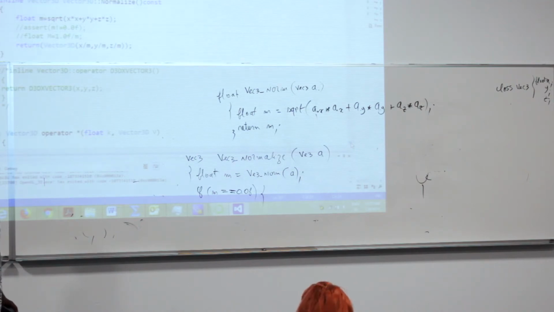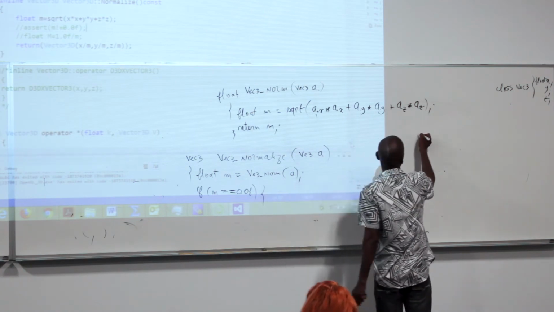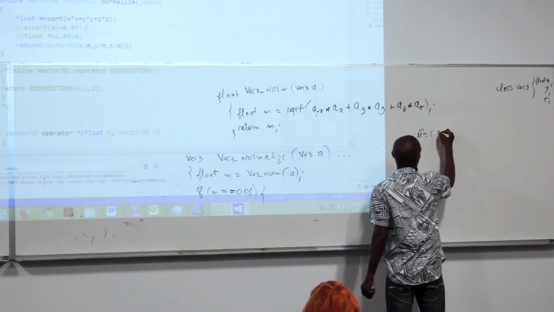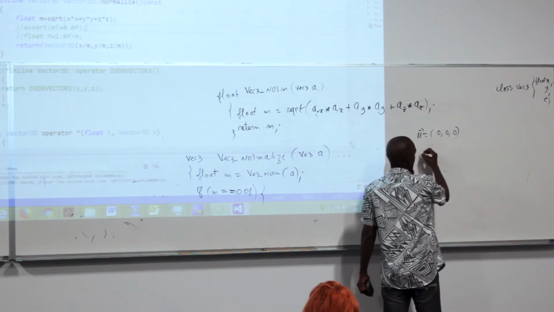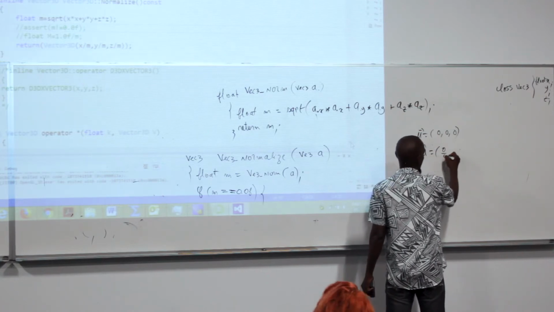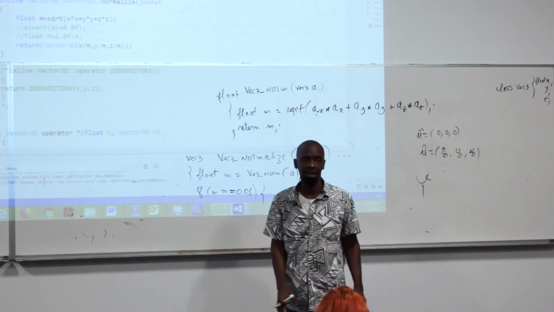If you have a 0 vector, composed of 0, 0, 0, the length is 0. For instance, we have a vector U that is 0, 0, 0, and when you ask to normalize it, the length will be 0. If you get U hat, you're going to have 0 over 0 and on and on. In math you don't do it. You stop right there.